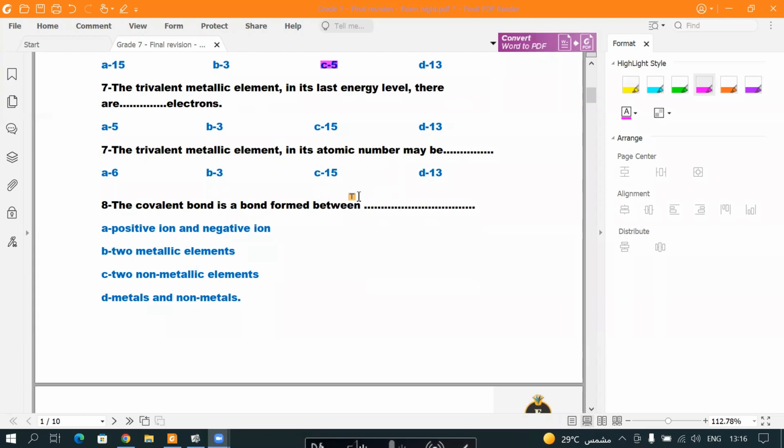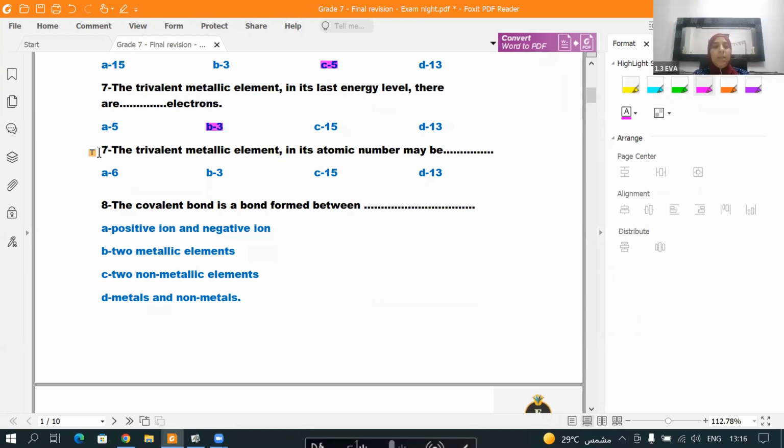It will lose 3. Very good. So this means that in the outer energy level, how many electrons are there? They are 3 electrons. Okay. Now, again number 7.